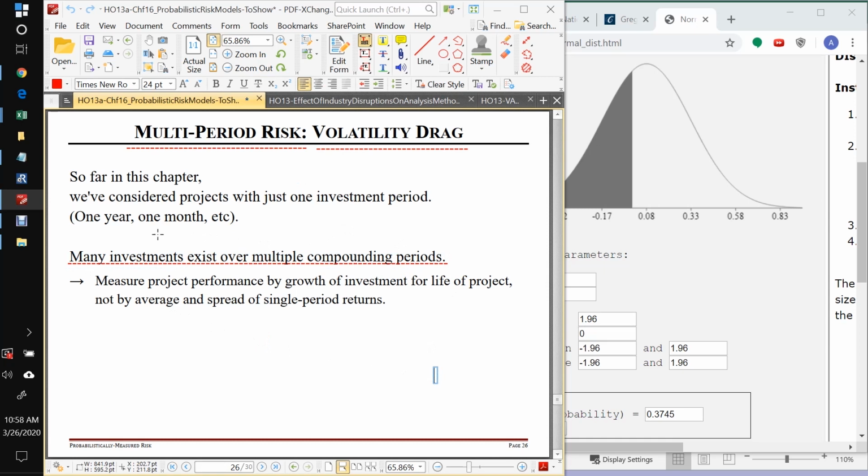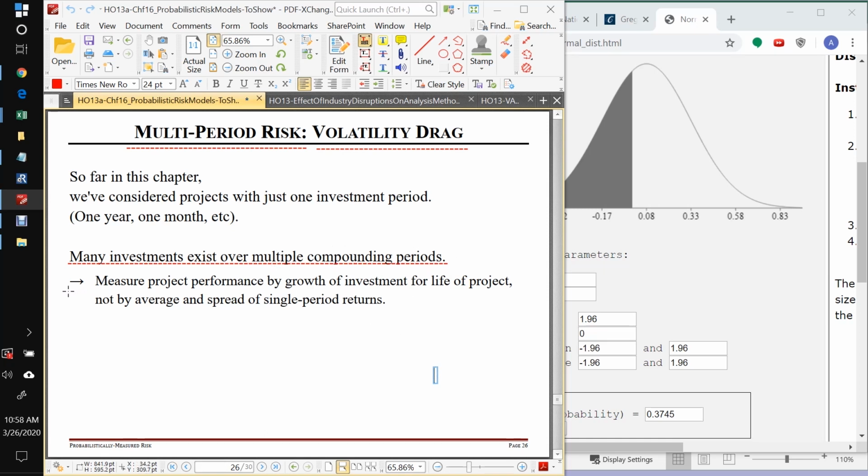So for example, an investment project might be we're going to put a certain amount of money into the stock market now to, over a 15-year period, build enough cash to pay for our child's college education. So that would be a multiple period project, okay?